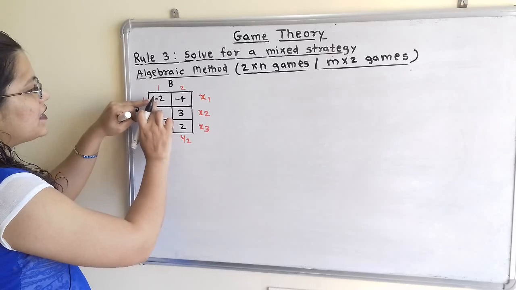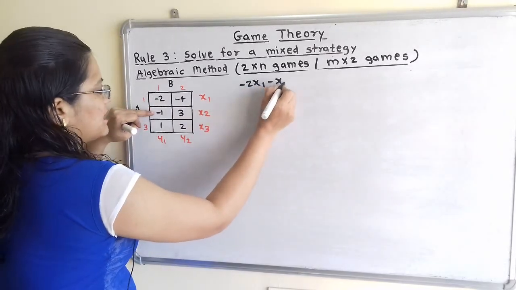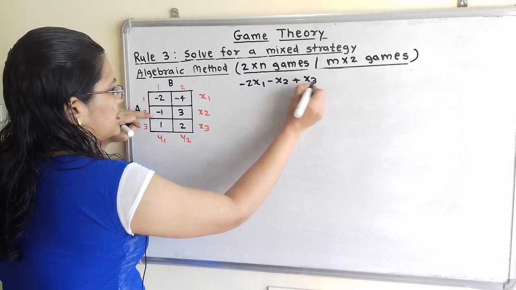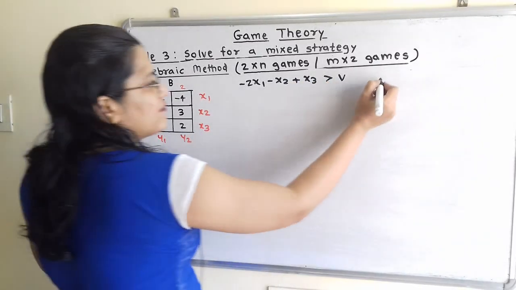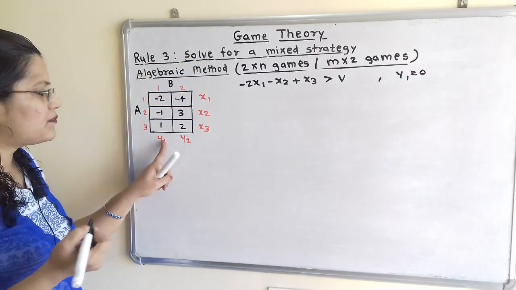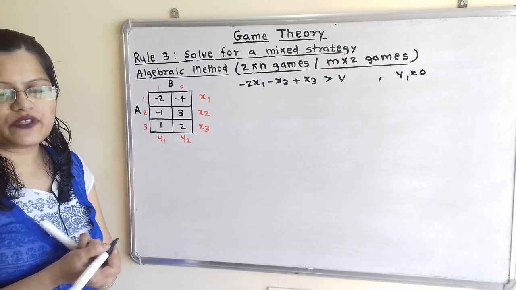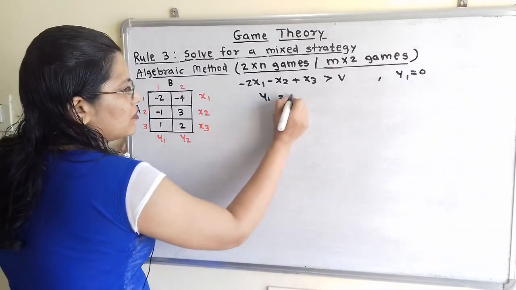So I will write the equation minus 2x1 minus x2 plus x3 is greater than v. Then at that time y1 is equal to 0. Now we know that y1 plus y2 is equal to 1. So when y1 is equal to 0, then y2 is equal to 1.